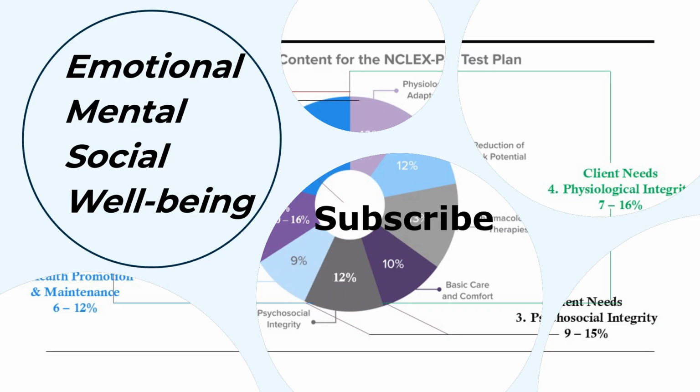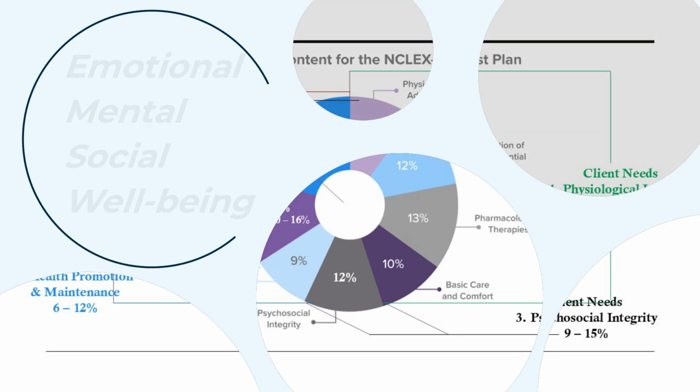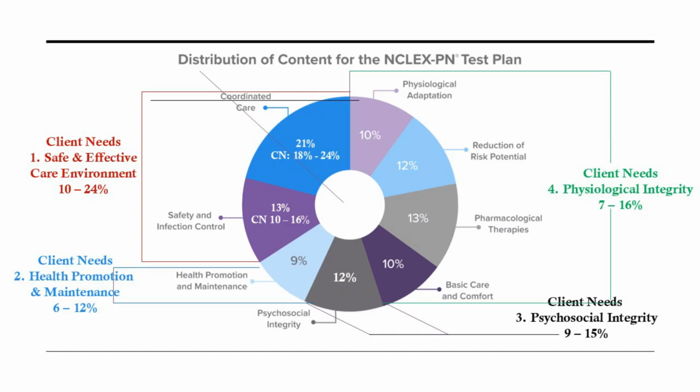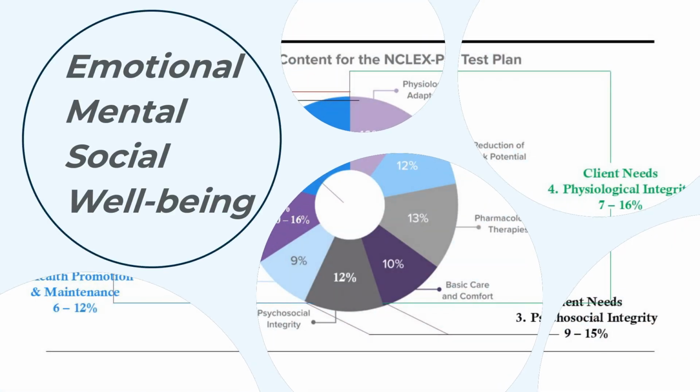Now, if we were to look at the content of this category, 12% of your questions will deal with content, and 9 to 15% of the questions in this category will deal specifically with your actions with your client. All right? So psychosocial integrity is the emotional, mental, and social well-being of your client.